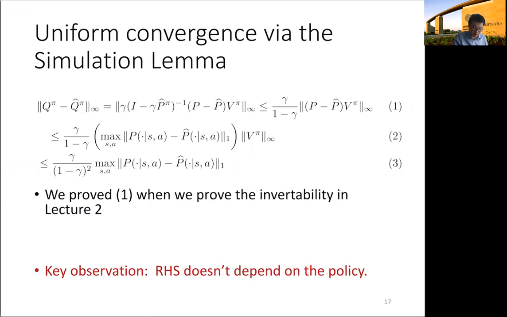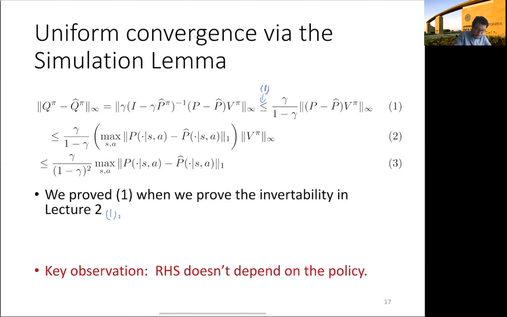This is something that we have actually proven last time, when we proved the invertibility of such I minus gamma P matrix when P is an arbitrary transpose of a transition kernel. So let us prove this again. Why is this inequality true?